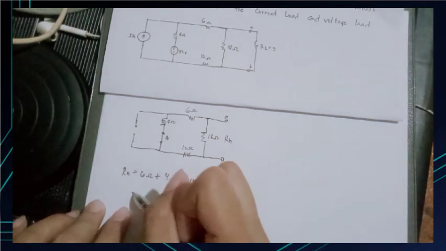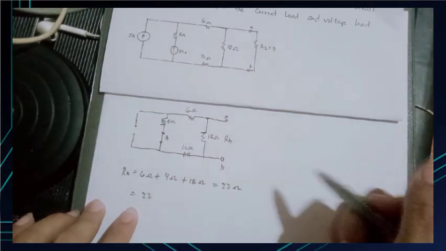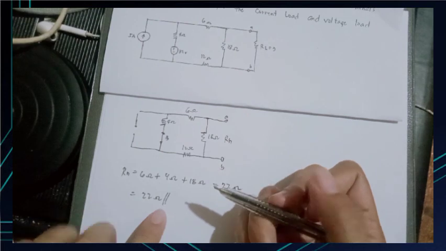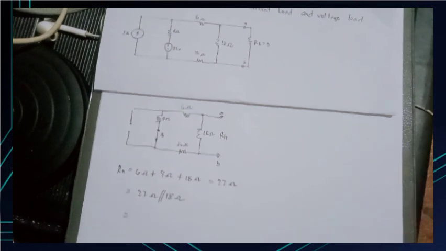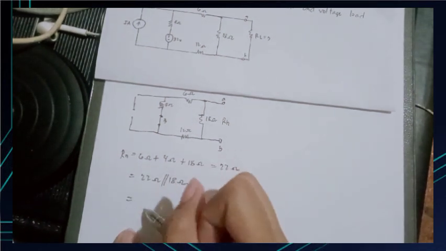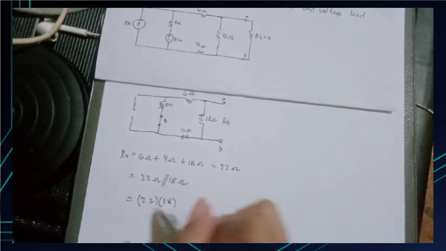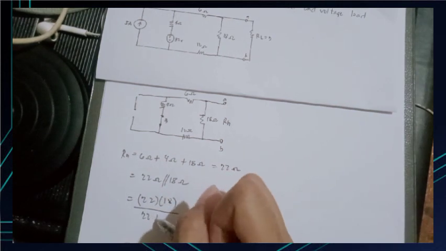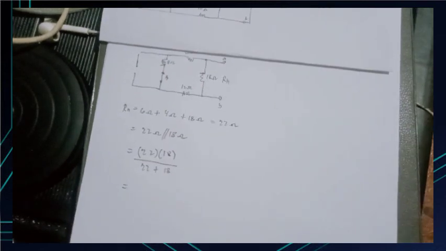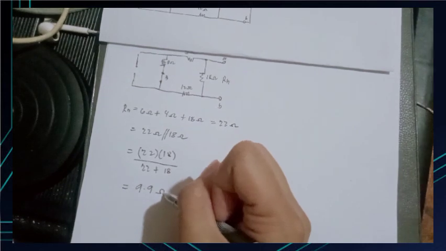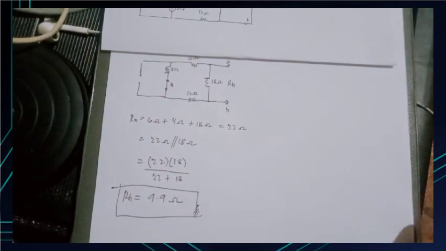So, dahil yung tatlo ay nakaparallel sa 18 ohms, 22 ohms is parallel to 18 ohms. So, magiging 22 times 18 over 22 plus 18 is equals to 9.9 ohms.